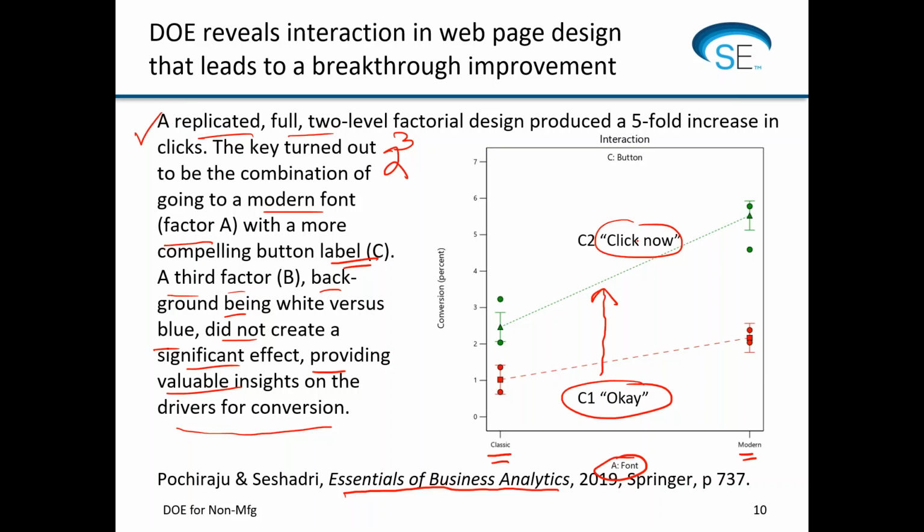But also, once you're at click now, when you switch to the modern font, you get a further increase, and this is the breakthrough improvement up here that creates a huge increase in conversion. So seeing how things interact is oftentimes the key, and it's important when you do your experimentation to do a multi-factor experiment, because one factor at a time will never reveal interactions like this.